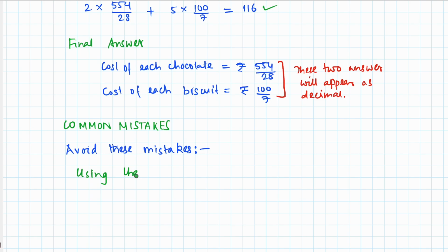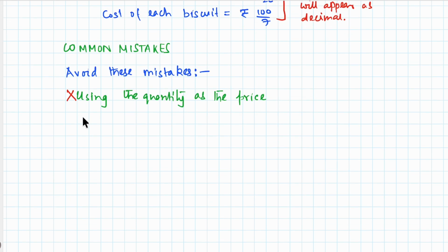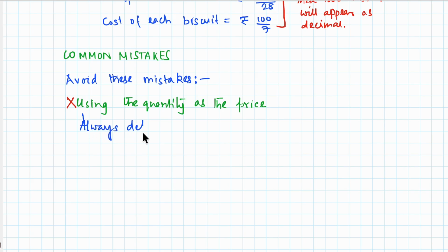First is using the quantity as the price. This is a very important thing that we should keep in mind. We often use the quantity as the price and we arrive at the wrong solution. So always define the variable as the price of one item.